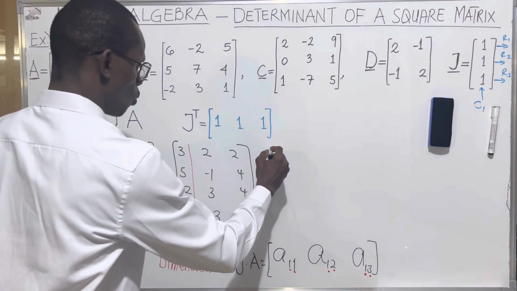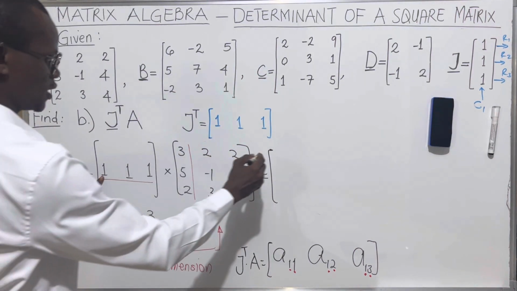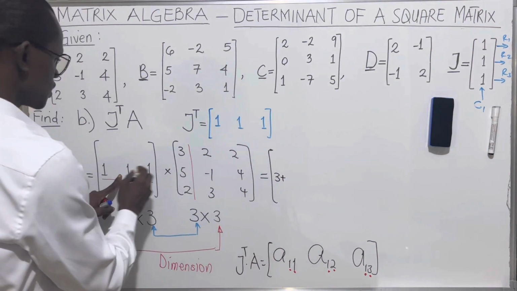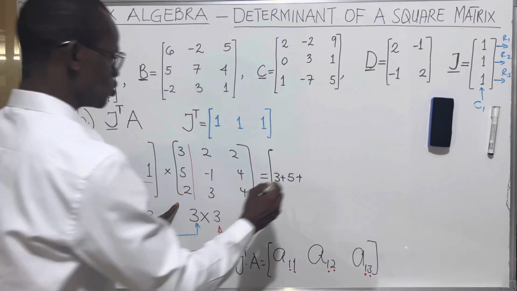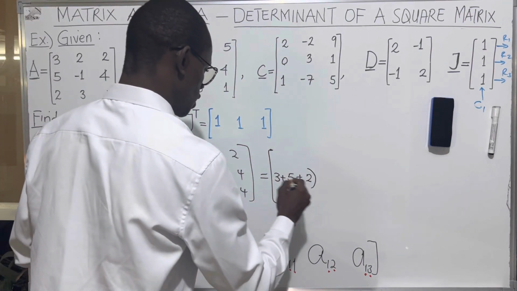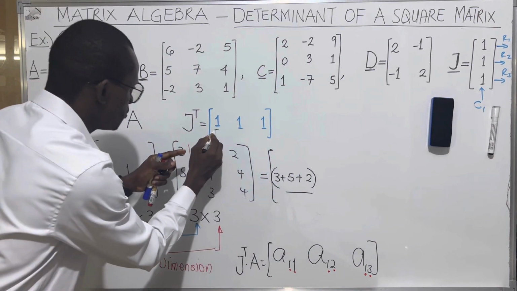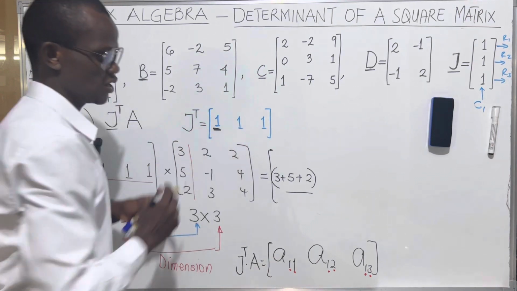So row 1 multiplied by column 1 is going to be 1 times 3 is 3, plus 1 times 5 is 5, plus 1 times 2 is 2. So this entire expression is just going to be an element within the matrix.